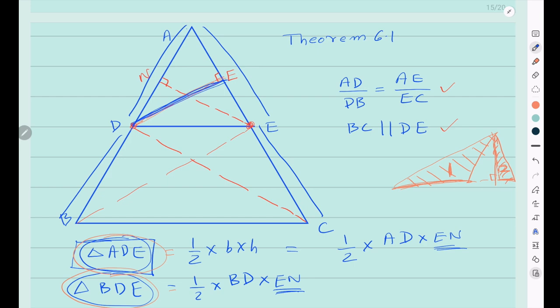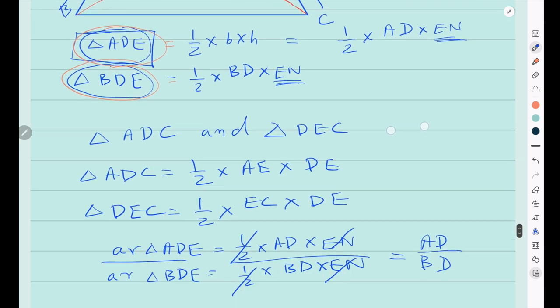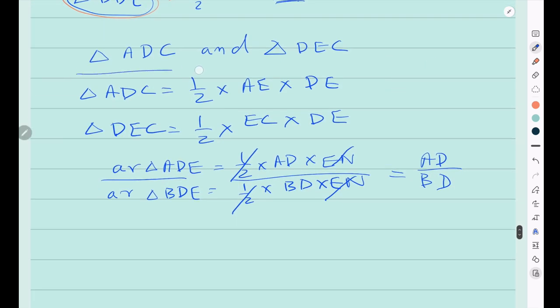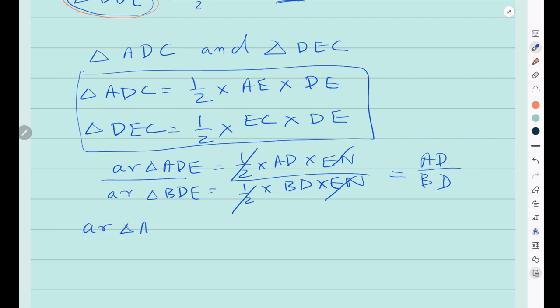Okay, and then for the second equation, we will take the ratio between the area of ADC and area of DEC.